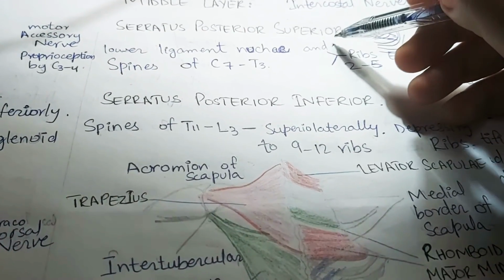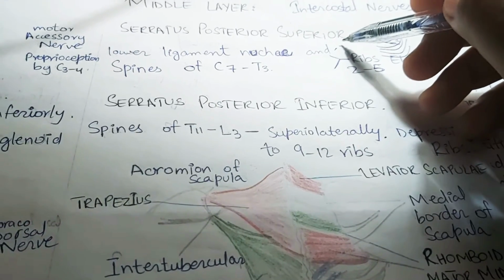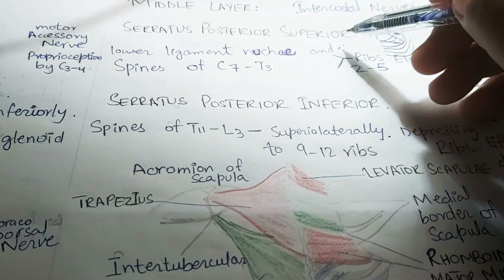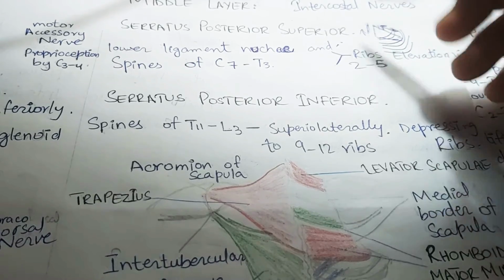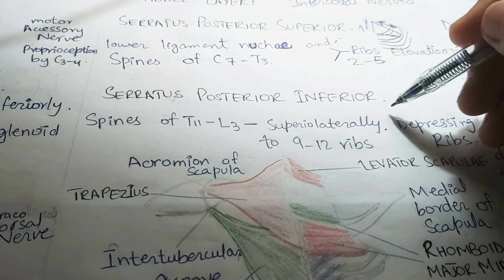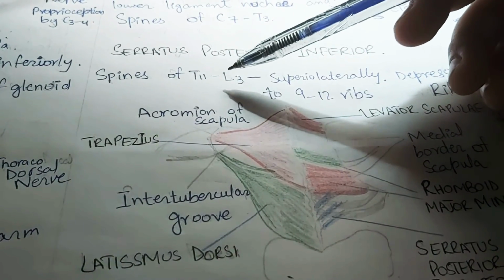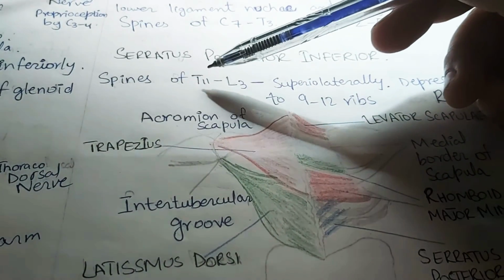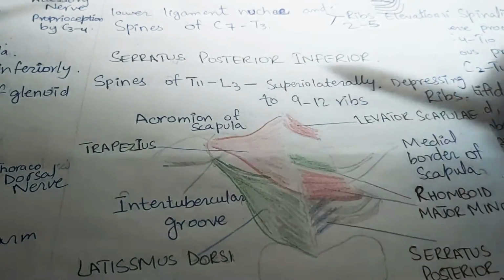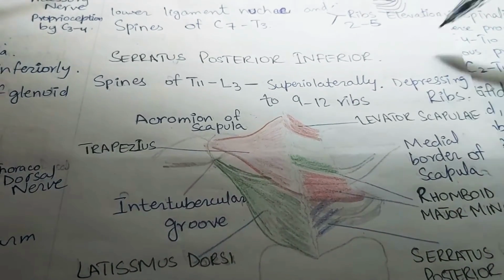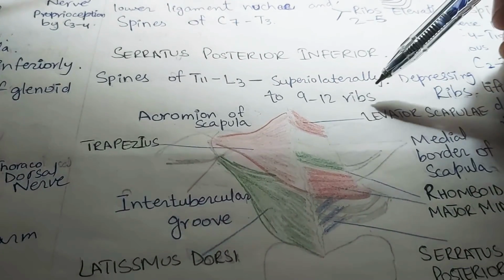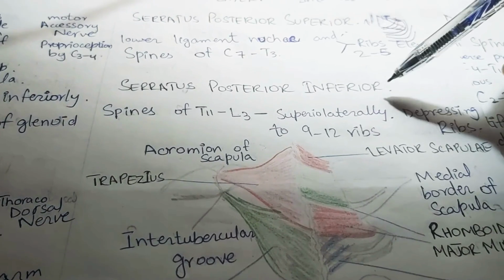In the name we can also find a way to memorize their function: serratus posterior superior is used to elevate the ribs and inferior is used to pull the ribs downwards. The inferior one is attached from T11 to L3, the spinous processes of the lumbar region, and it is attached superolaterally to ribs 9 to 12. So they depress the ribs downwards, and their function is not similar.